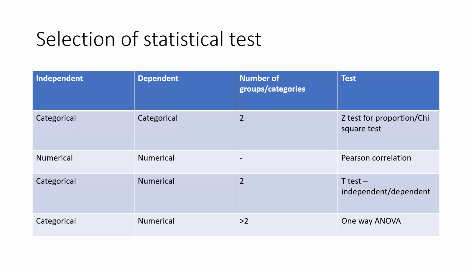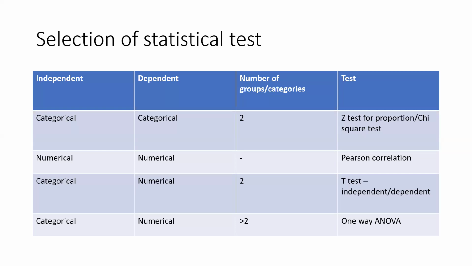To decide the statistical test to be used, there are two major criteria. One is the type of independent variable and dependent variable, whether it is categorical or numerical. And the second is how many categories there are in the independent variable. These two things we use to decide which test to use for calculation of the p-value.